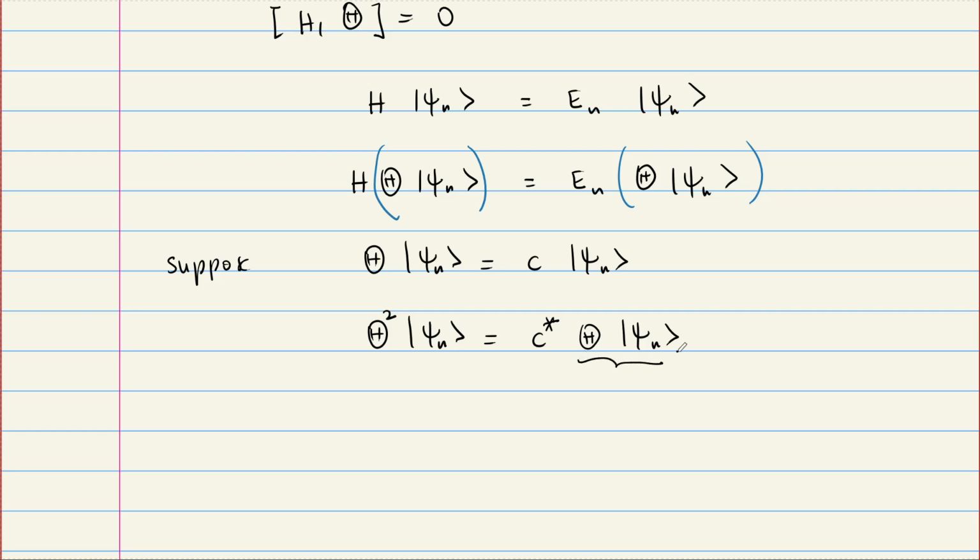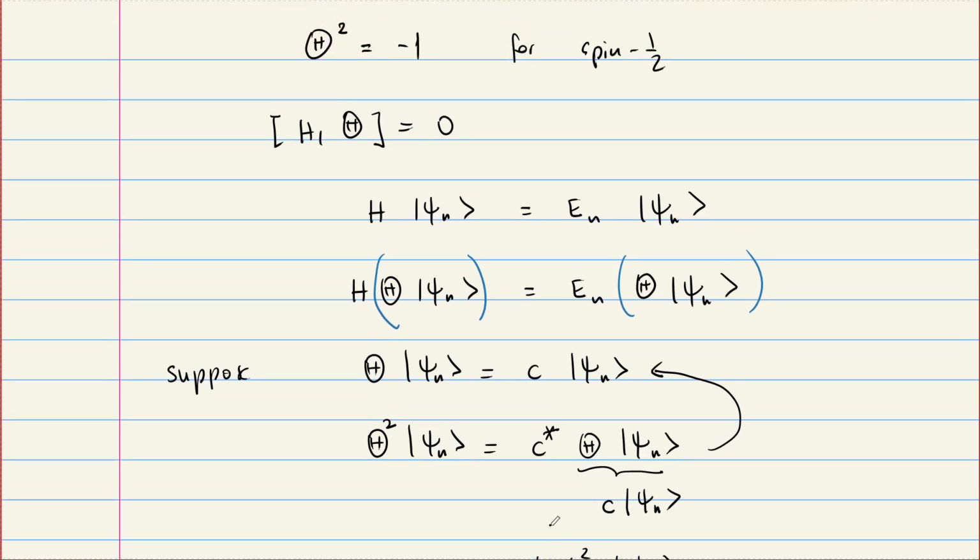Now this thing, I can use this one more time, right? Theta times psi n is c times psi n. And from here I found c squared psi n. But above we said theta squared is minus 1, right, here.